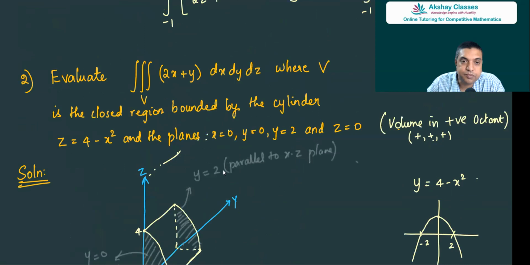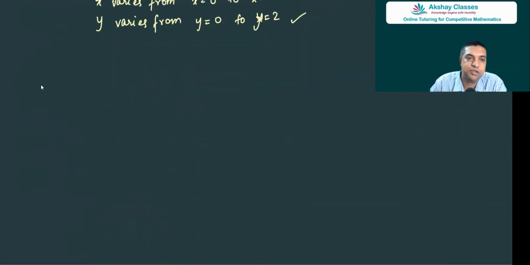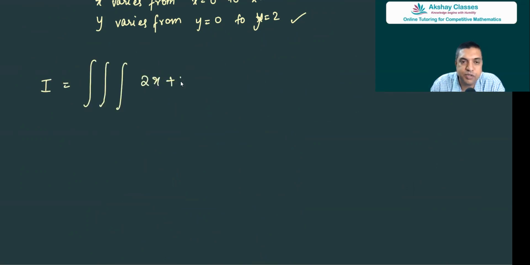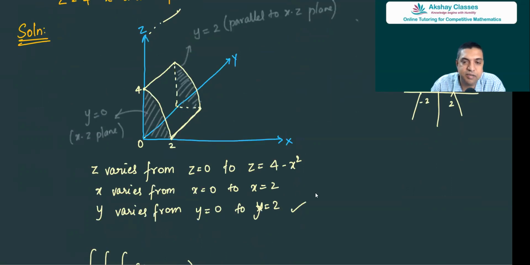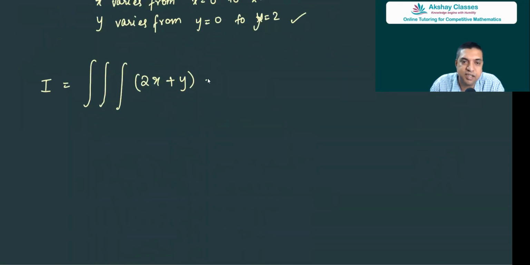So now we have to evaluate this integral. I is equal to the triple integral of 2x plus y. First, we will integrate with respect to z because z is a function of x.